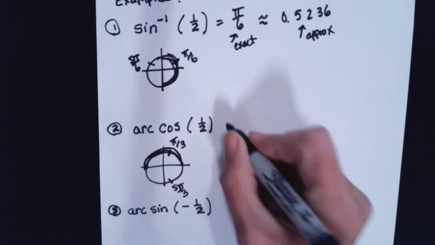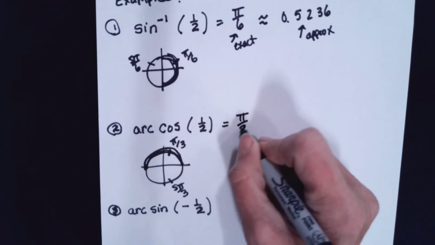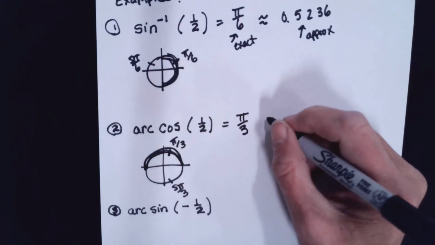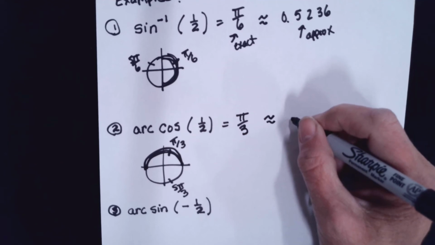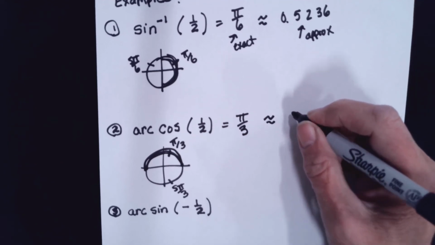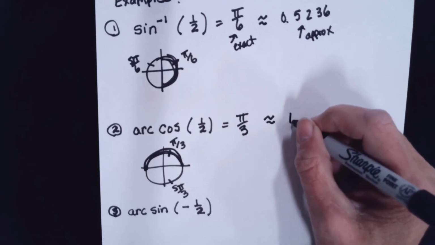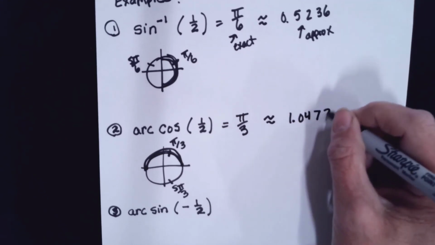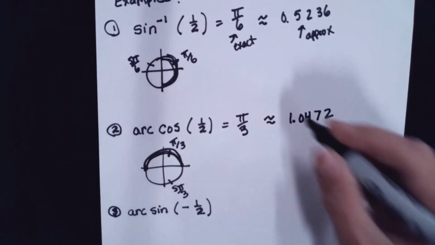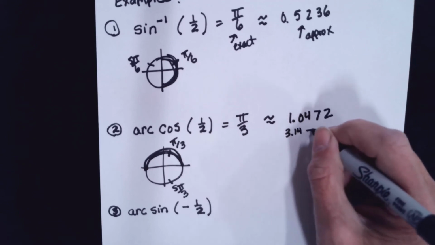So from 0 to pi, that would equal pi over 3. Or approximately, if we did 3.14 divided by 3.